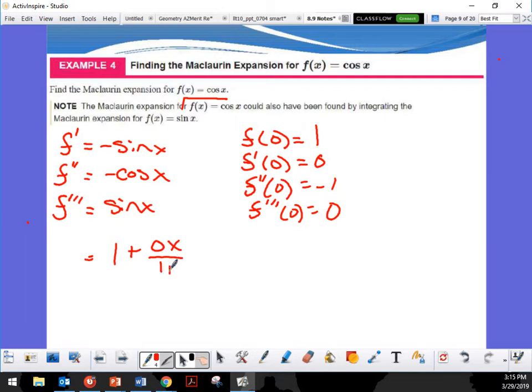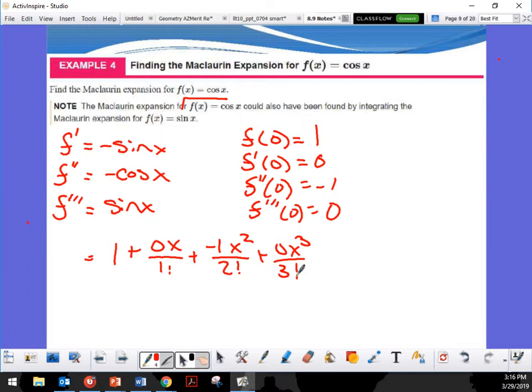Okay, so it's going to be plus negative 1 x squared over 2 factorial plus 0 x cubed over 3 factorial. Okay, so we have the basic 4 terms, and because it's a sine or cosine, it's going to repeat, right? So the pattern's going to repeat.